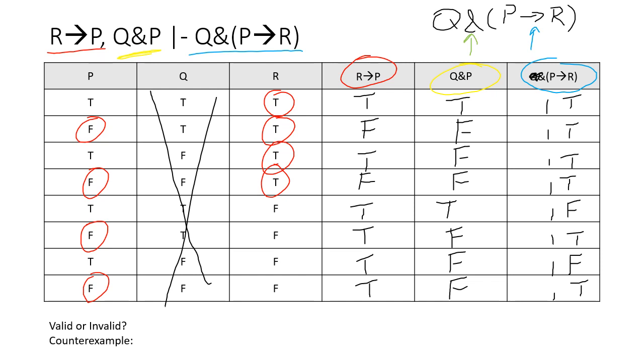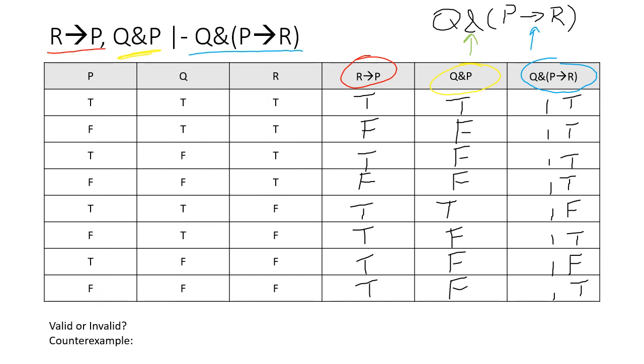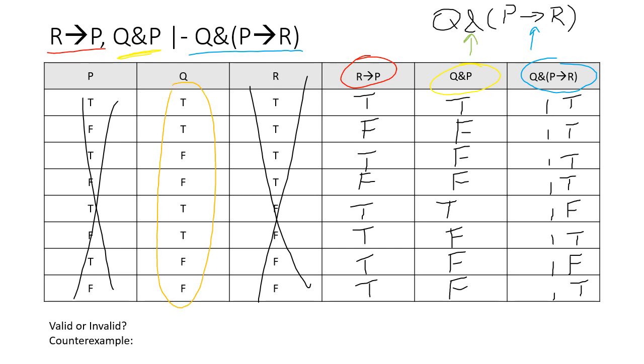So now that we've done the conditional statement, we can bring the Q back in. So we're not going to pay any attention to the P and R now. All we care about is the Q as our left side, and then also our P arrow R as our right side.